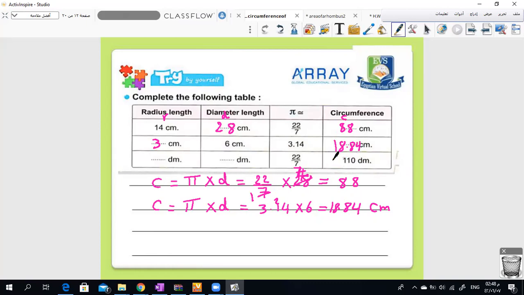Now, the circumference is given here and pi, and I want to calculate the diameter. Diameter equals circumference over pi, equals 110 divided by 22/7, which is the pi here, and I will use my calculator. I'm going to share it with you.